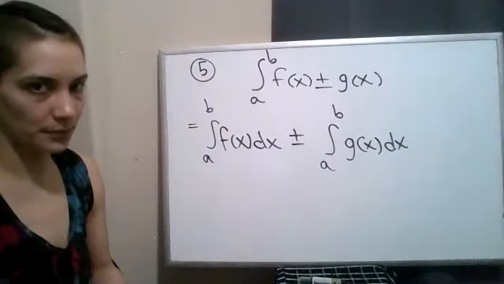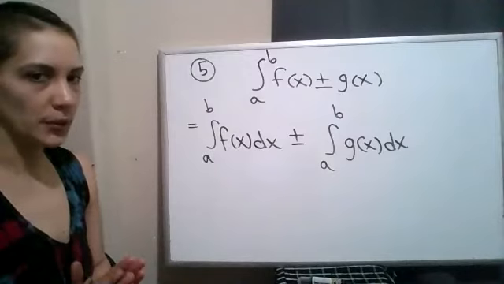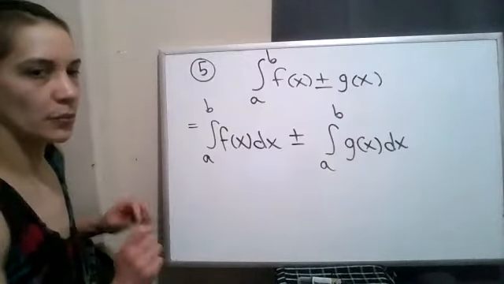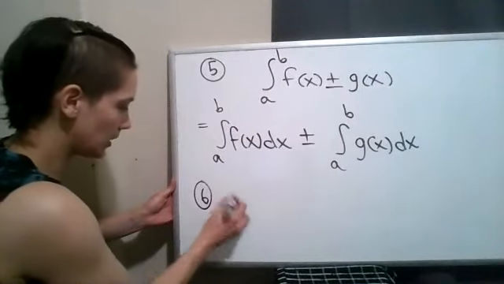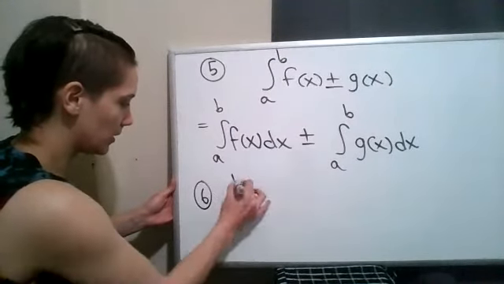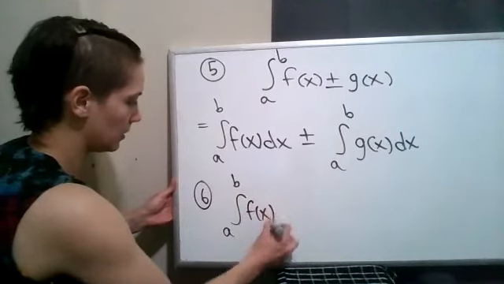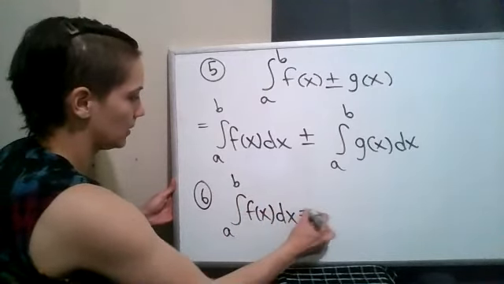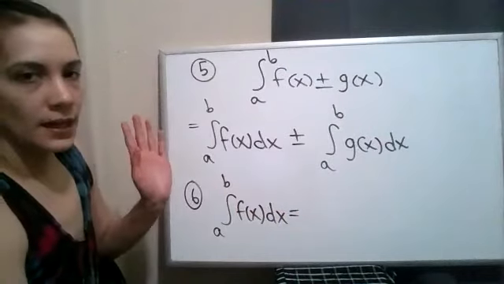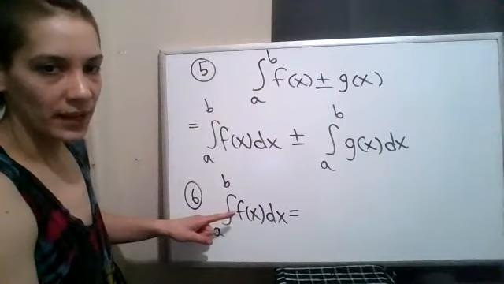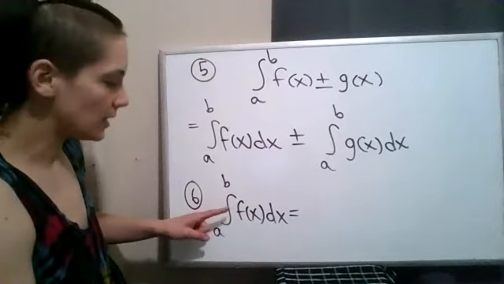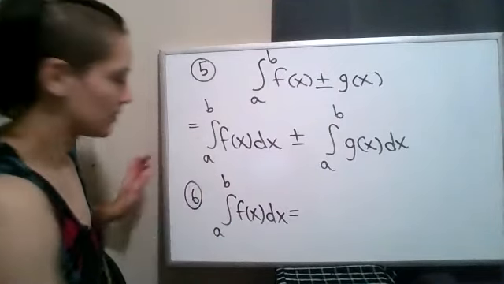And the last one is if you want to take your integral and break it into different parts. So you can take an integral that goes from a to b of f of x dx, and integrate from a to c of f of x and add the integral from c to b of f of x.